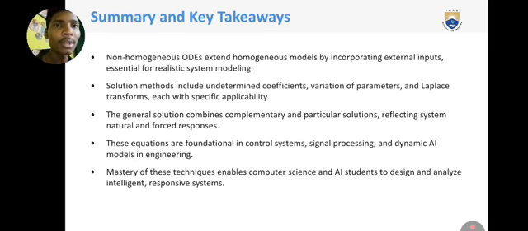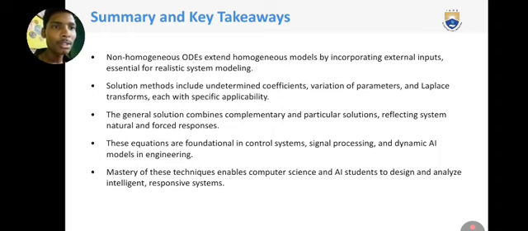Summary and key takeaways. Non-homogeneous ODEs extend homogeneous models by incorporating external inputs, essential for realistic system modeling. Solution methods include undetermined coefficients, variation of parameters and Laplace transform, each with specific applicability.